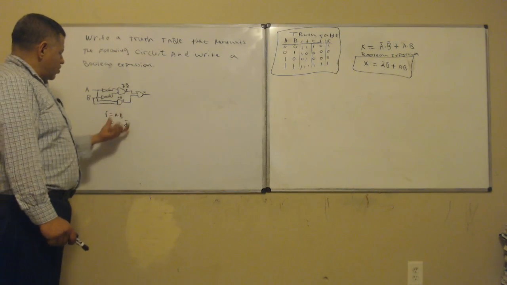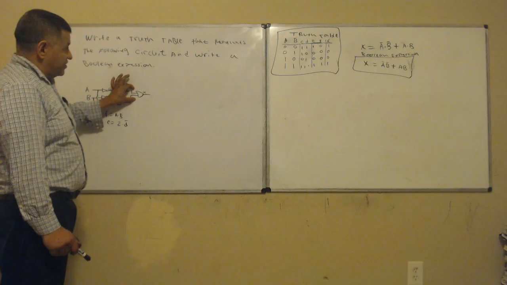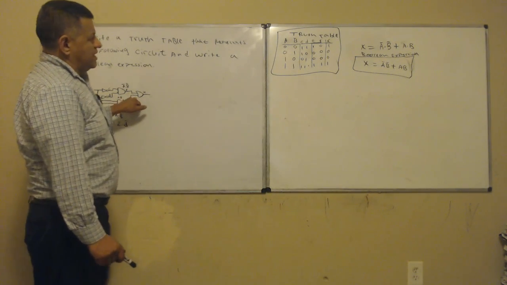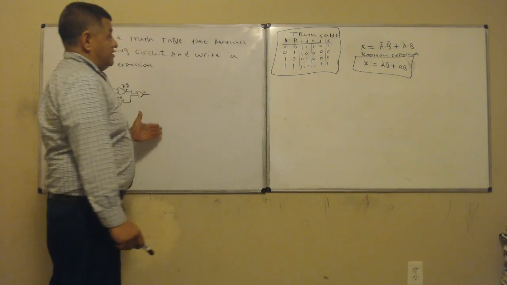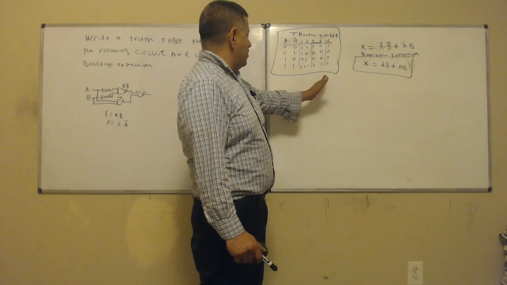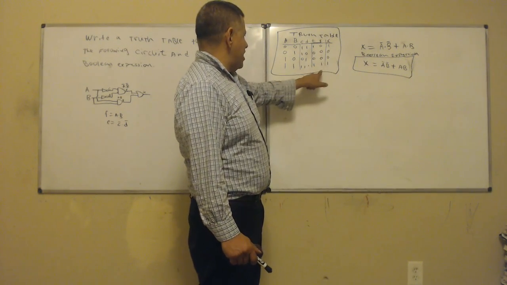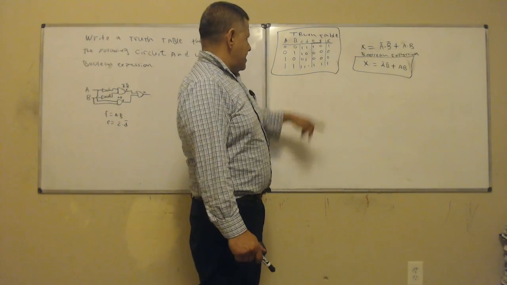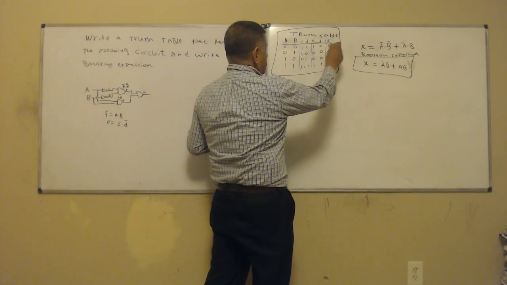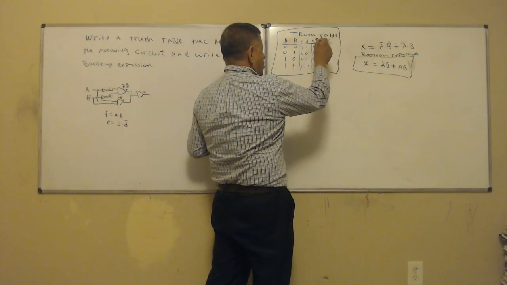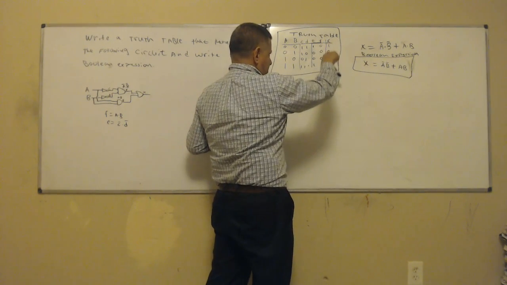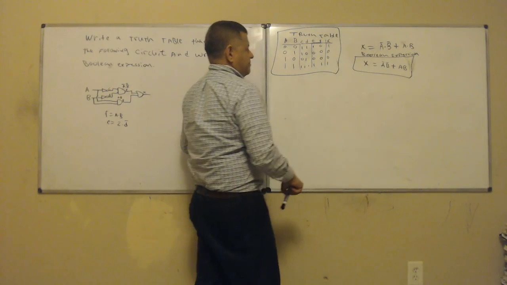When those come together into an OR gate and you do the truth table, you find out that the value of X is 1 when either both are 0 or when both are 1.